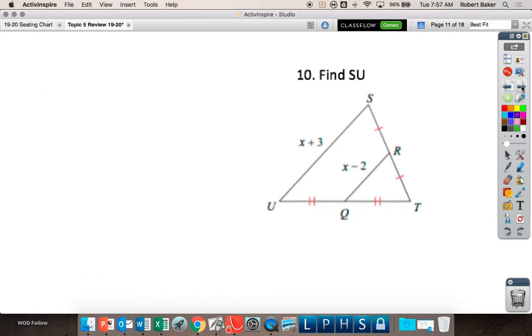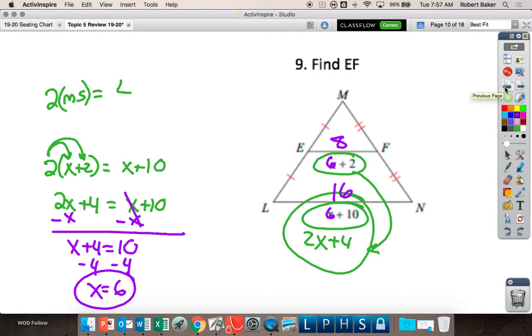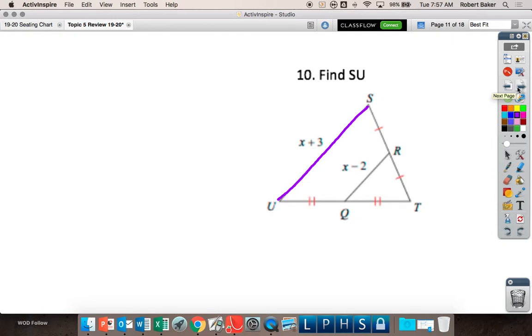Alright, so same thing here. We're looking for a mid-segment, find SU. So what's the length of this side? And let's go back and make sure we answered. EF is 8. Find SU, so we're looking for this length right here. We're still going to use the same math we used earlier though. 2 times the mid-segment is equal to the length of the long side.